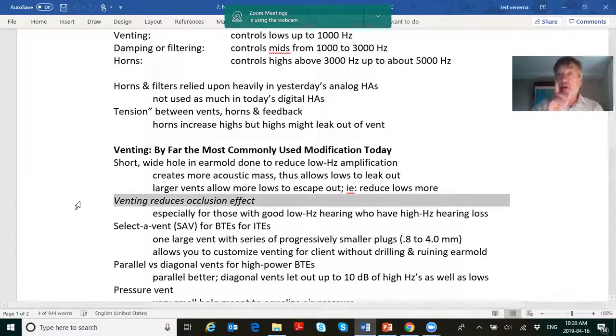Because you are increasing the acoustic mass of air. What do I mean by that? I'm letting the air trapped behind the eardrum communicate with air outside because I've got a hole in the mold. So now I've increased the acoustic mass of air.